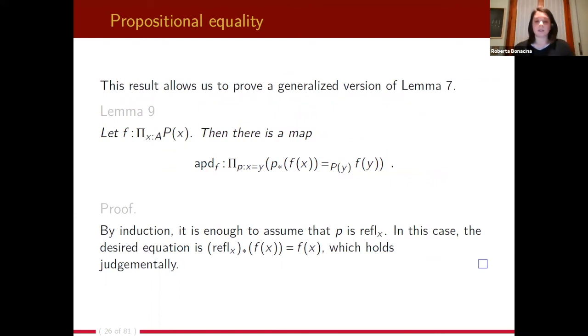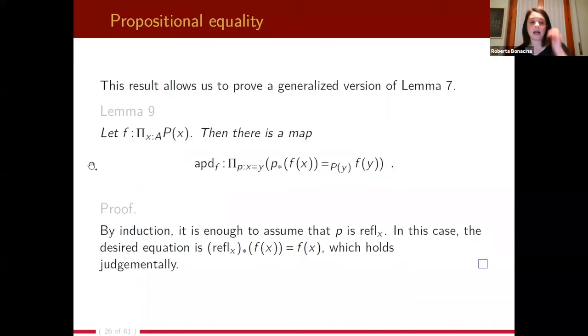Indeed, from the transport function, we can obtain this dependent version of ap. And so we have that if f is a dependent function of a pi type, there is a map apd f, which maps each term P of type x equal y into a term of this other type, which is P star of f of x equal f of y.